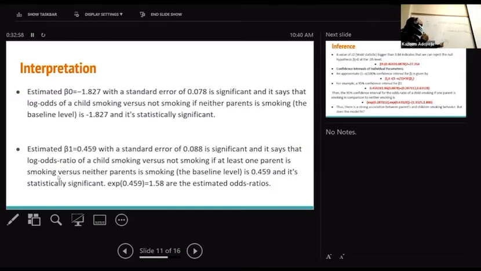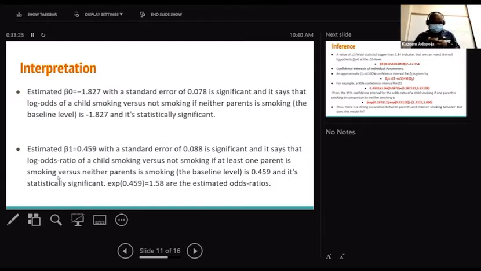Look at that, 1.58 times that of those that don't smoke. It means the odd is much higher for children where at least one of the parents smoke. That's what we mean.